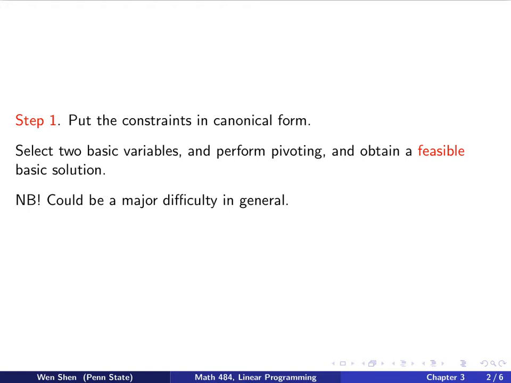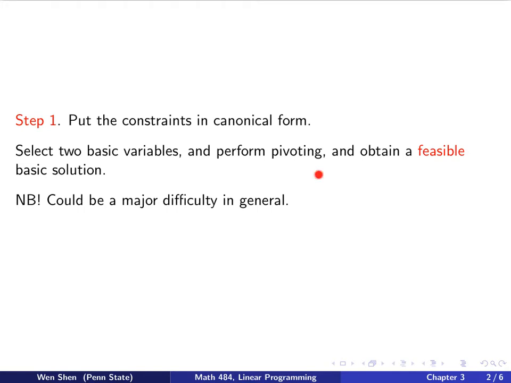After we do the pivoting and obtain a basic solution, we should have a feasible one. So the basic solution should be a feasible solution. Okay, that is the first step.